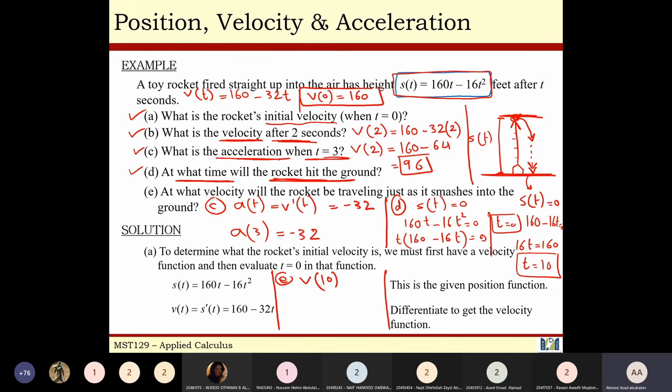So we need to find v of 10. This equals 160 minus 32 times 10, so we have negative 160. This is the velocity at the moment the rocket smashes into the ground.